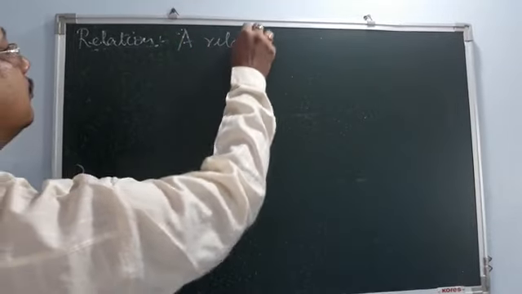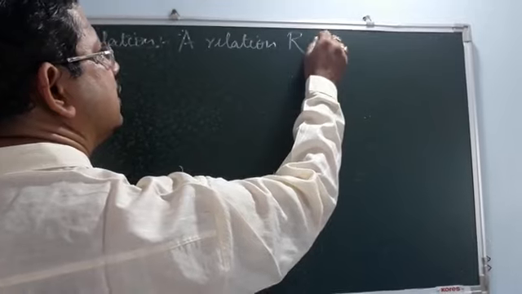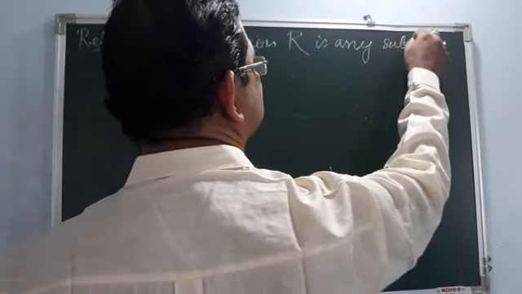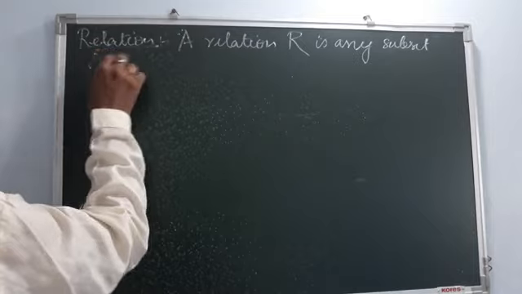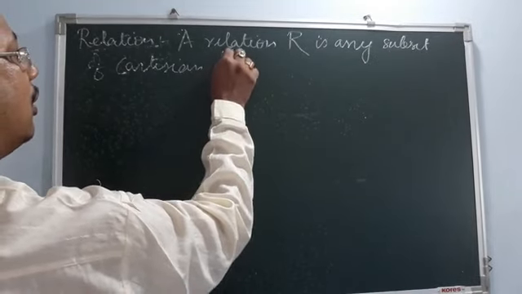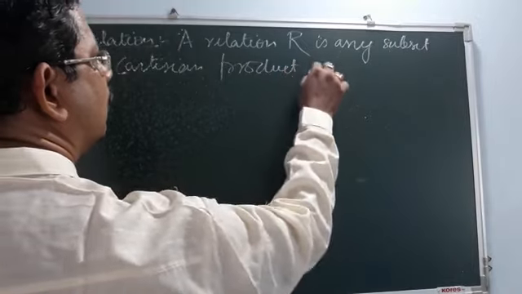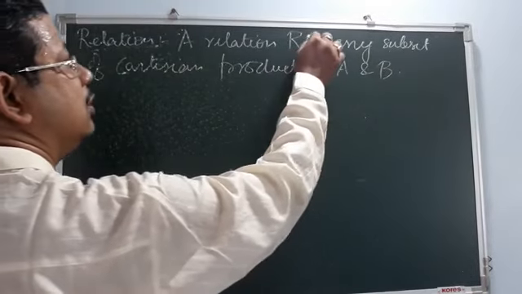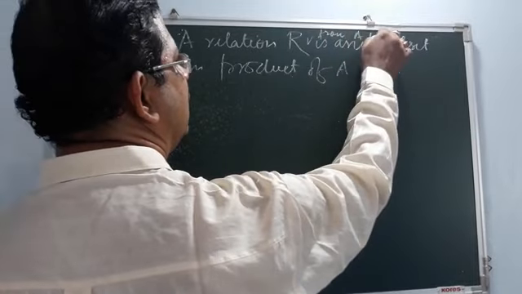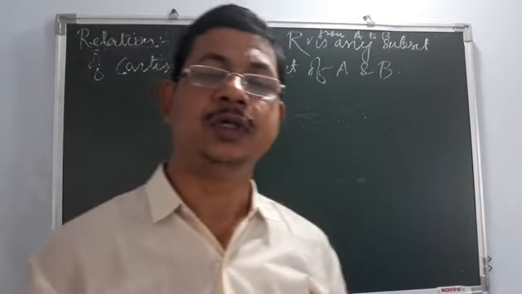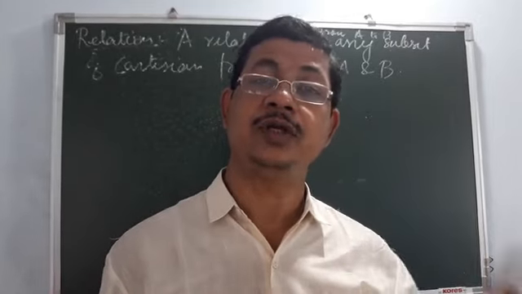A relation R is any subset of the Cartesian product of A and B. So it means a relation R from set A to B is any subset of A cross B, and each such subset is a relation.